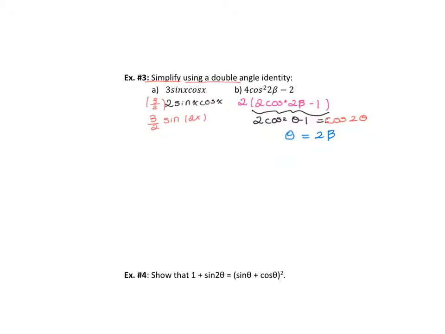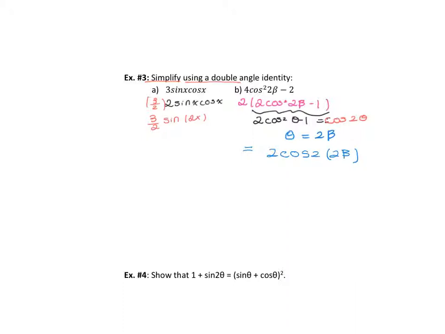Then really, what this boils down to is this equals 2 times cosine of 2 times 2 beta. Does that make sense?